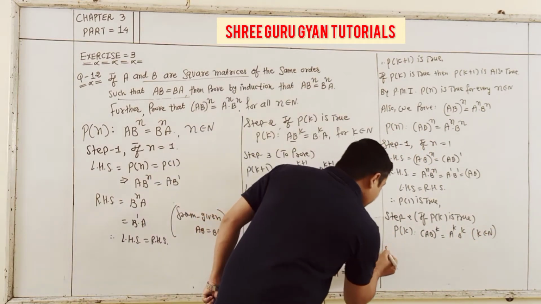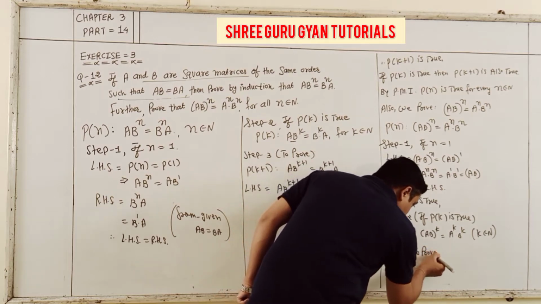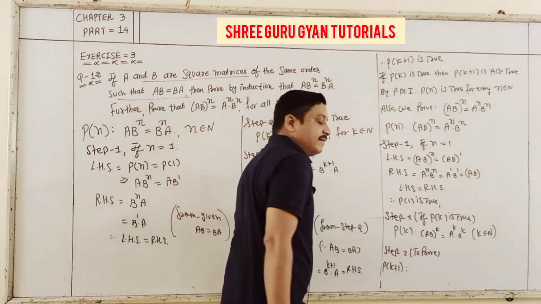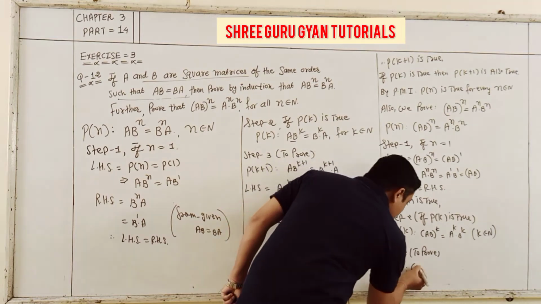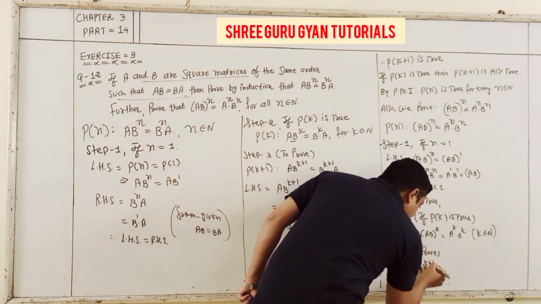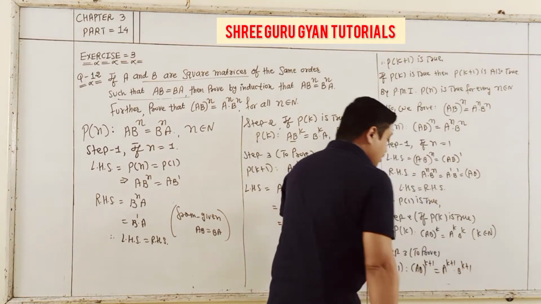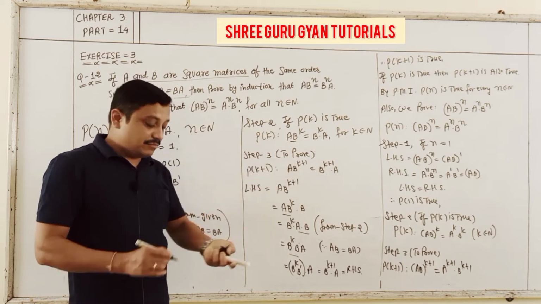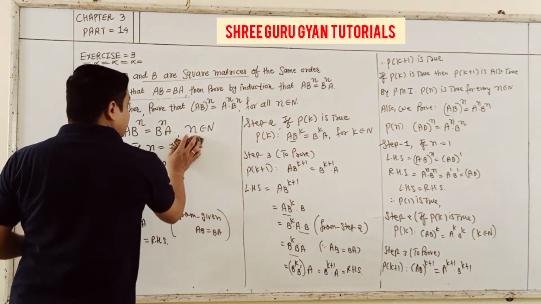And my step 3 is to prove P(k+1). So apply k as k+1: (AB)^(k+1) equals A^(k+1) B^(k+1). In this proof I will use this data, because it is already given in the question, and start the solution in a simple way.